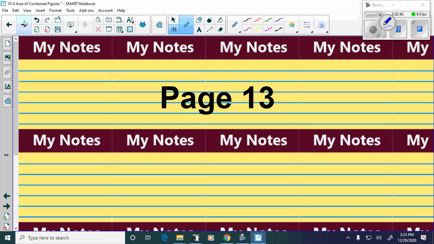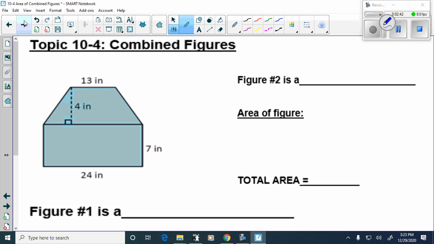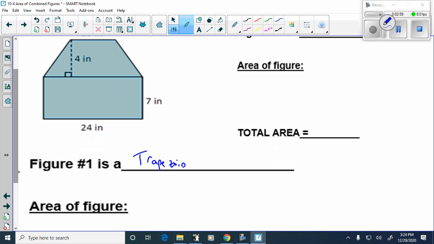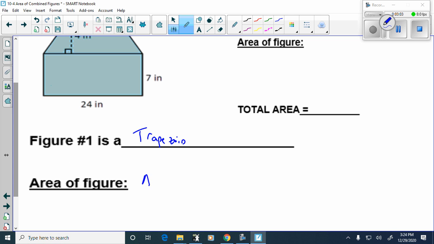So now flip back to page 13. And we're going to look at this combined figure. So you see what we've got here. It looks like a house, but really it's a rectangle with a trapezoid sitting on top of it. So figure 1, we'll call this the trapezoid. And they want to find the area of that figure. Now the area of a trapezoid is base 1 plus base 2 times the height divided by 2.